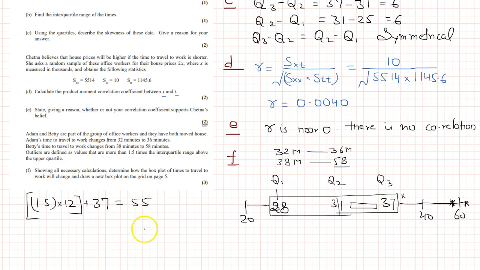So that is 55. So it is not going to change anything because it remains in the same interval. And this one is an outlier because this is 58 here. So that is the answer.